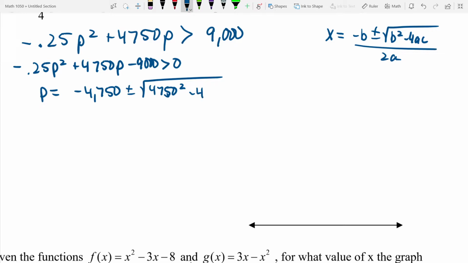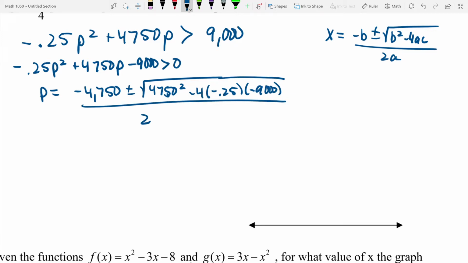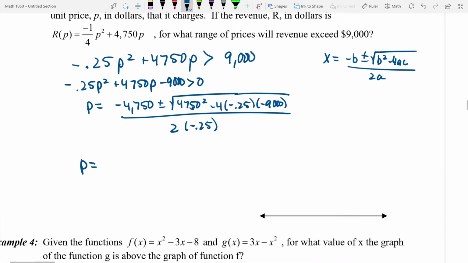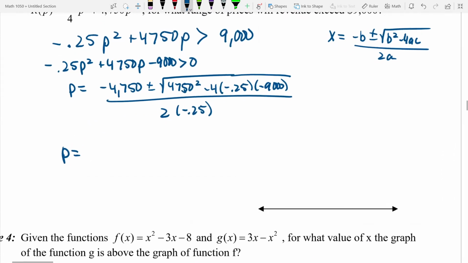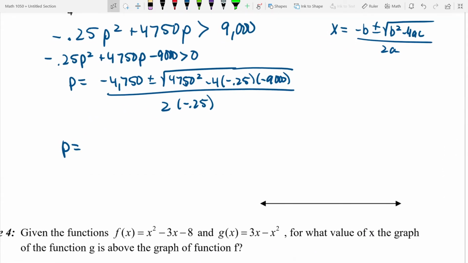Minus 4 times a, which is negative 0.25, times c, which is negative 9,000, all over 2 times negative 0.25. We're going to put this in our calculator. We're going to get two answers. Did they tell us to round? No, they didn't. Let's see how ugly our numbers are. Do you want to try to do it by yourself? Who says, will you please read out loud the buttons I'm supposed to push to put this in correctly?